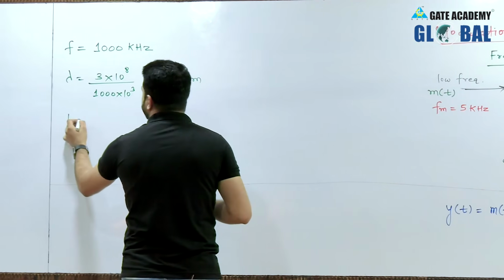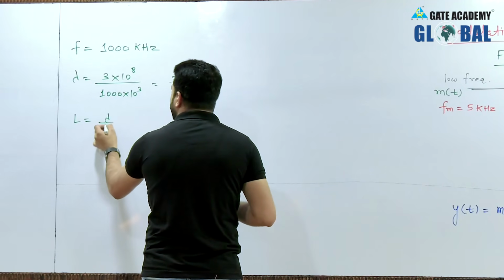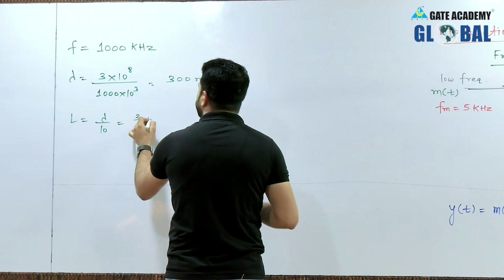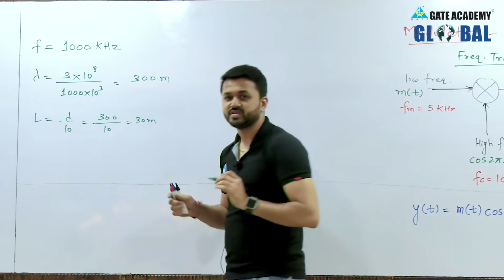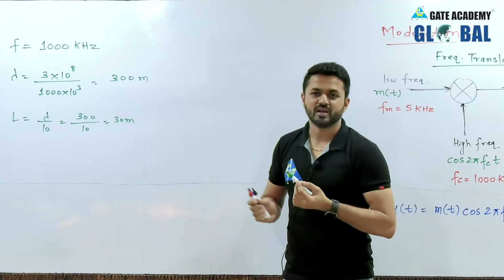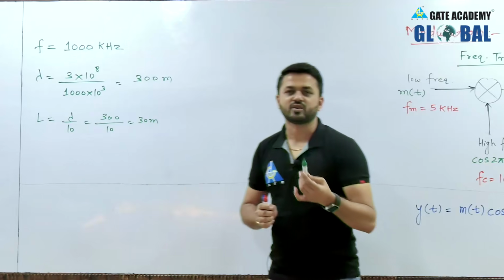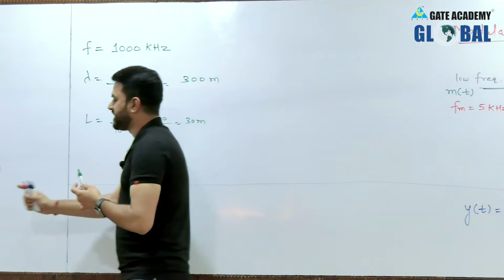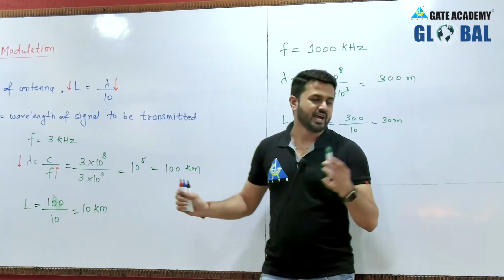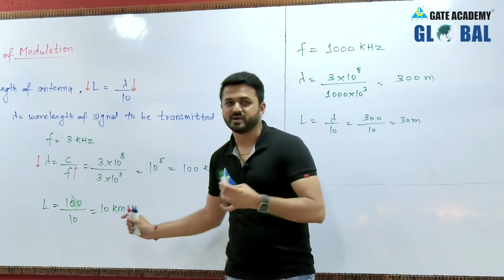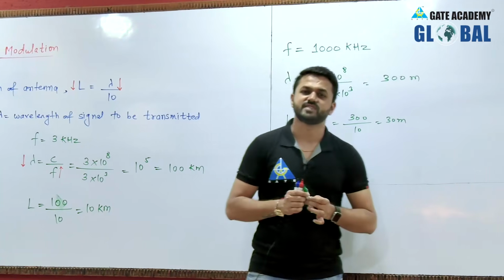The length of antenna required will be lambda by 10, which is 300 divided by 10, equal to 30 meter. This is practically possible, because we can think of a 30 meter antenna, but not a 10 kilometer antenna, which is a very huge length.